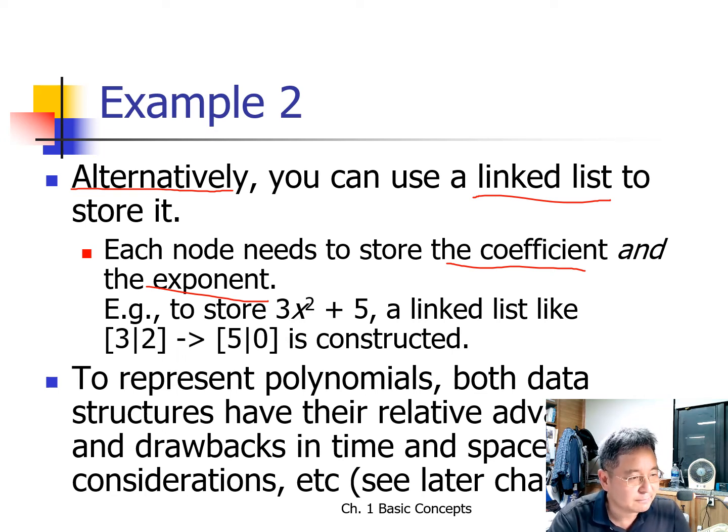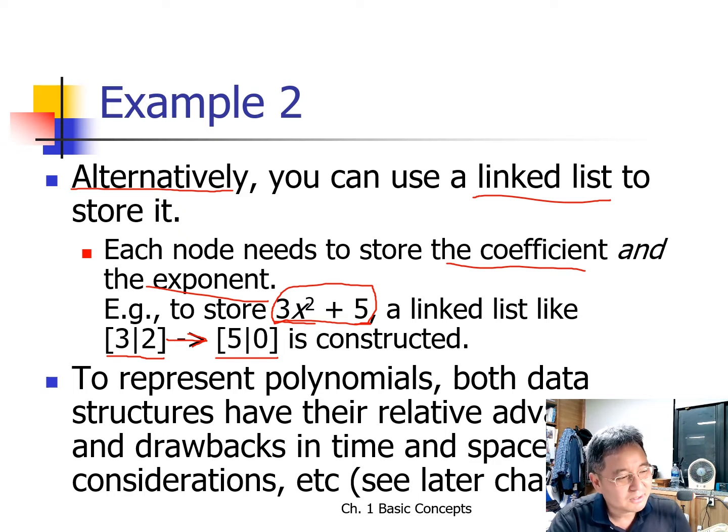For example, 3x squared plus 5 is one polynomial. In order to store this polynomial, we can use a linked list. This is one node. This is another node. These two nodes are linked by this arrow. So this is a new alternative data structure called a linked list data structure.